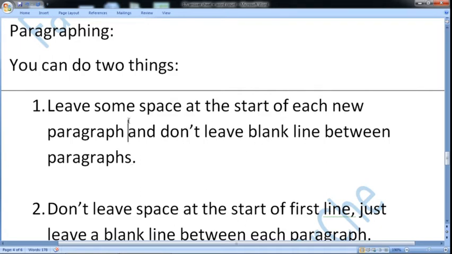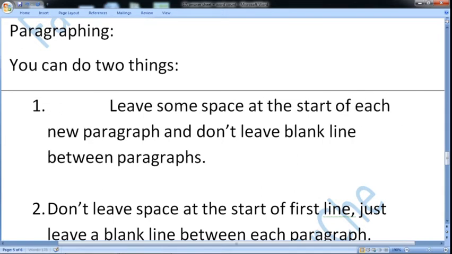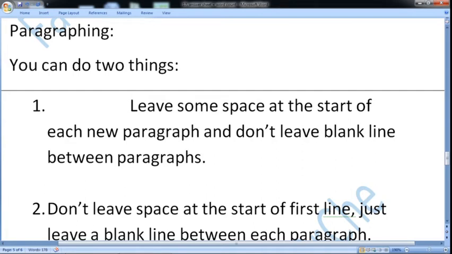So the first method is to use some space at the start of the first line, something like that.